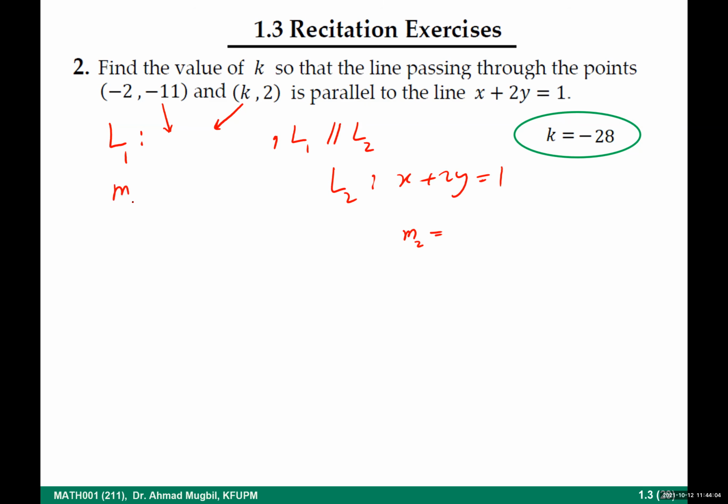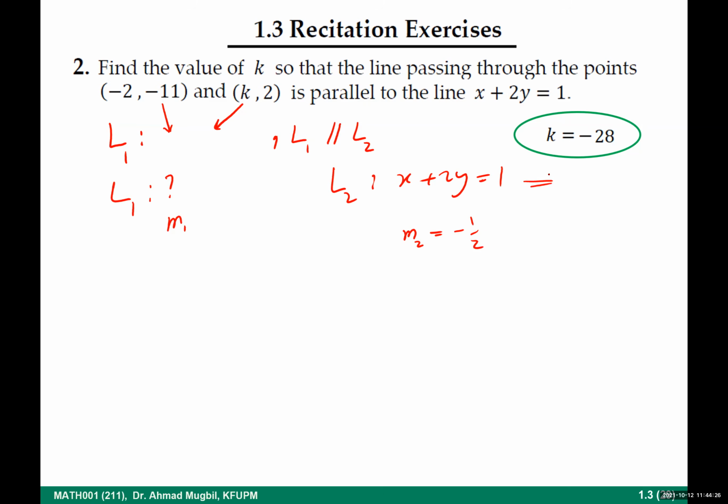I need to find out what is L1. I need to know the equation of L1 to find the K. Now I need M1. Because it is parallel to this line, what is the slope of this line? Negative a half, negative 1 over 2.